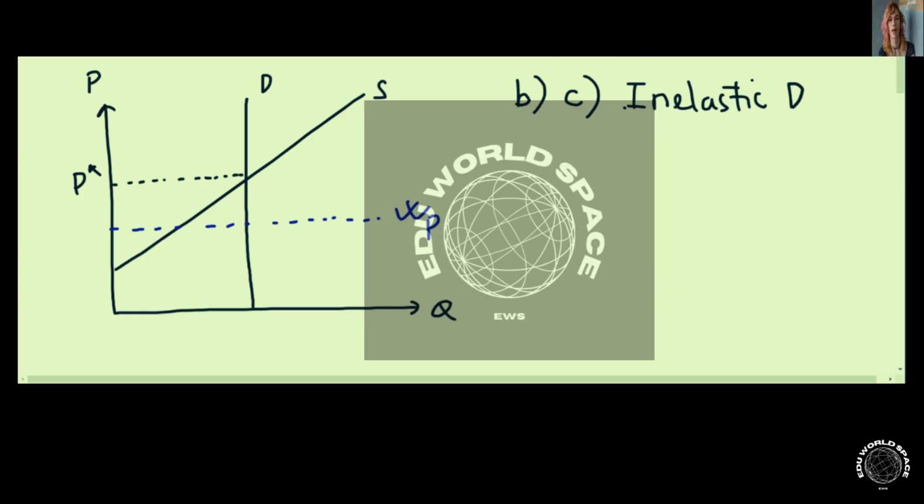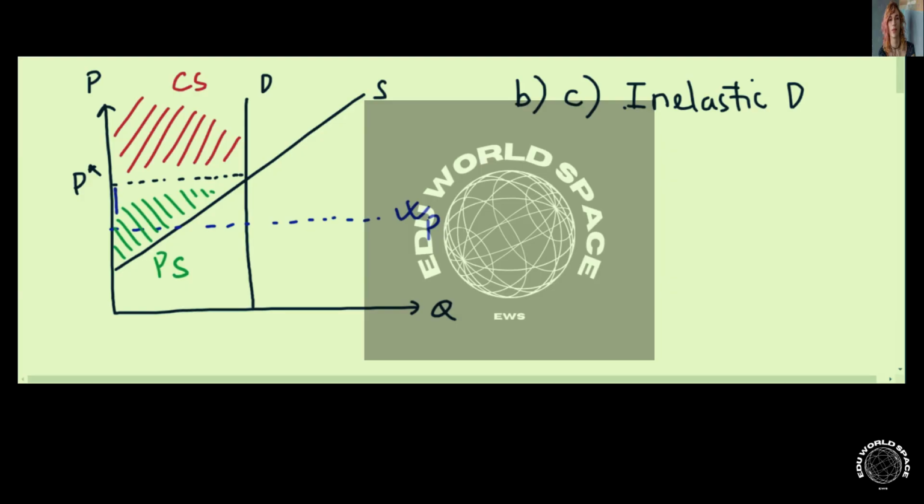Now, similar to the situation before, this is the initial consumer surplus. And this is the initial producer surplus. When the economy is open to trade, equilibrium price decreases from P star to the world price WP.